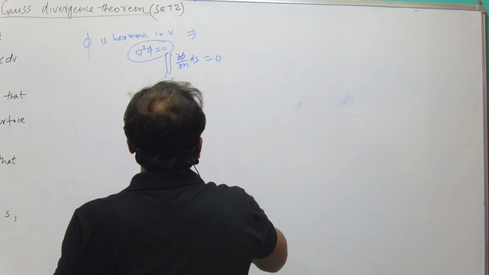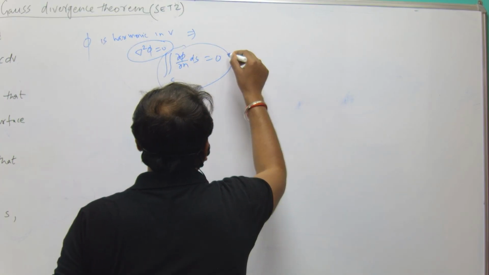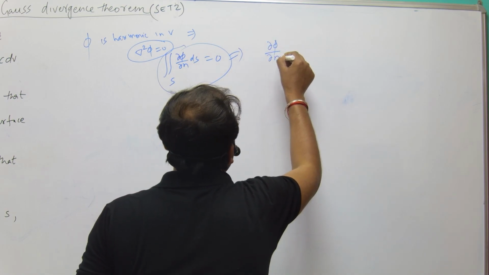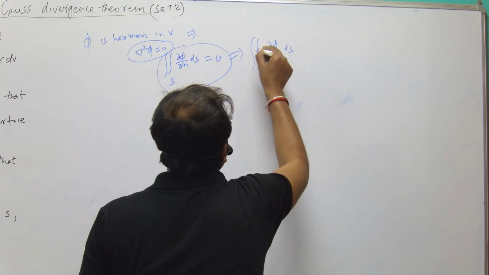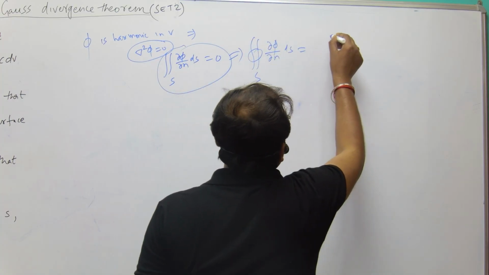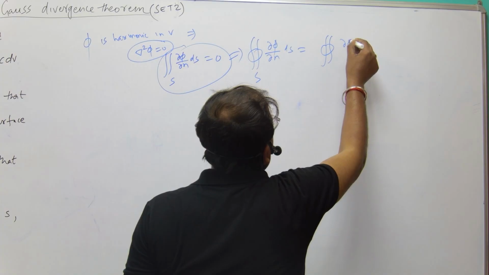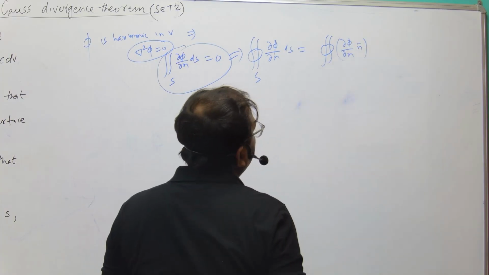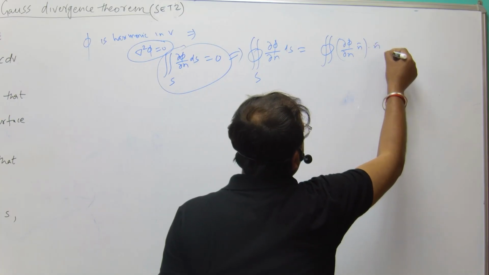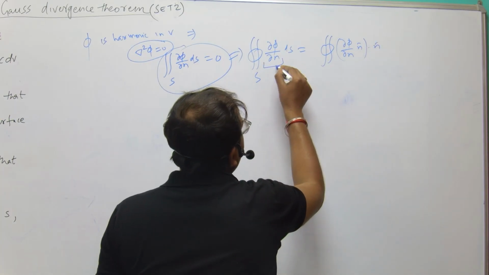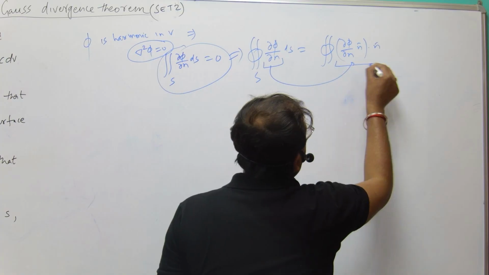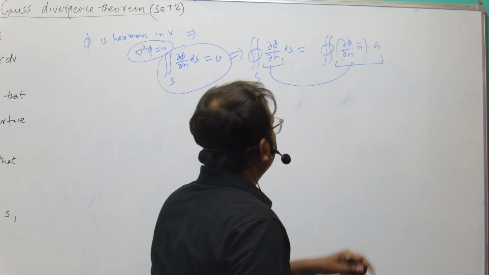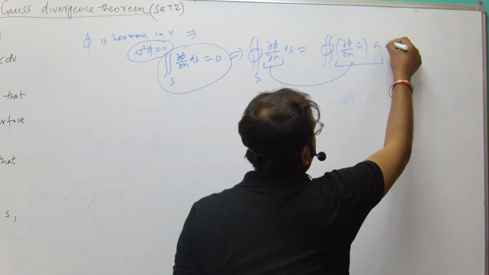So how can we further simplify this? We can write this as the surface integral of del phi upon del n into ds along the surface. This we can write as the surface integral of del phi upon del n cap dot n cap, because the dot product of unit vectors is 1, into ds.